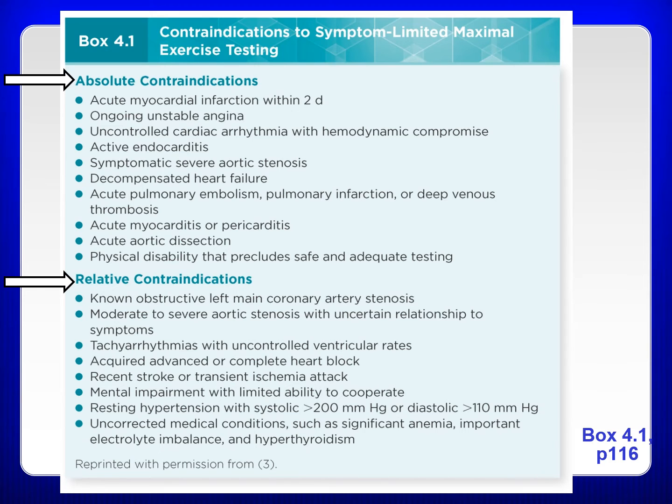So if someone has a mental impairment with limited ability to cooperate, it's possible that you just can't do that maximal exercise test, right? So absolute versus relative. Absolute is thou shalt not do the test. Relative means you might be able to do the test.